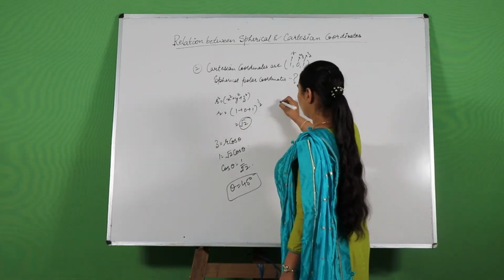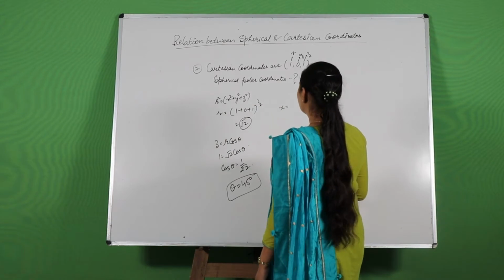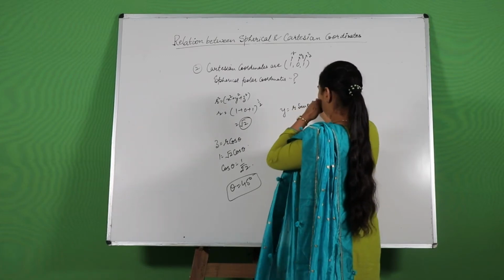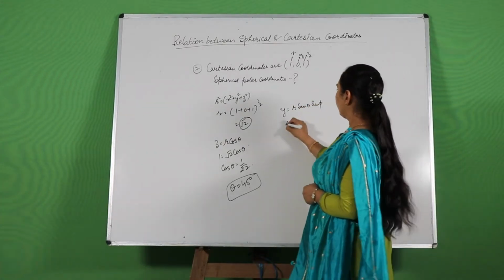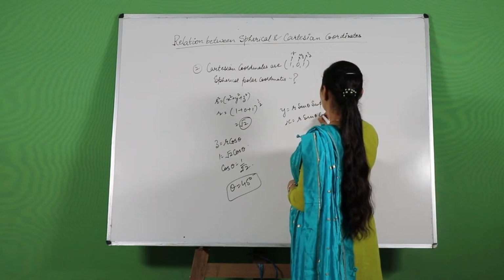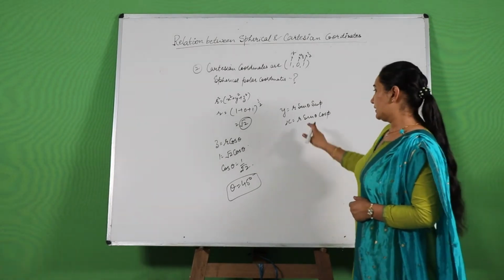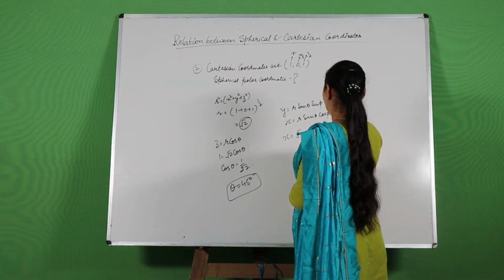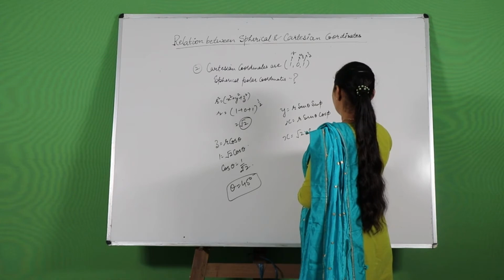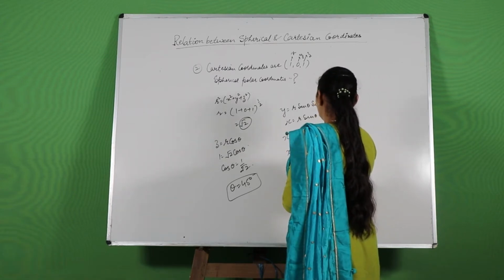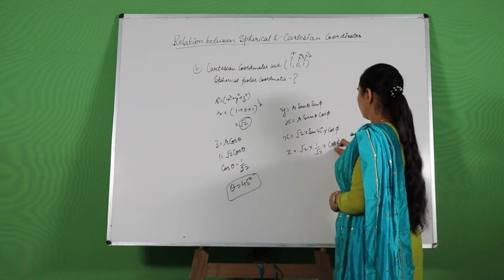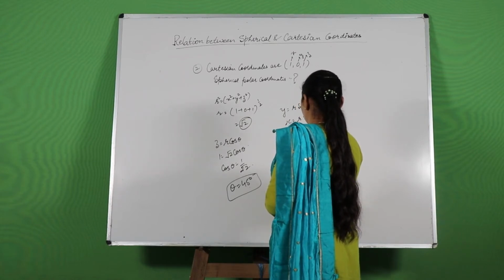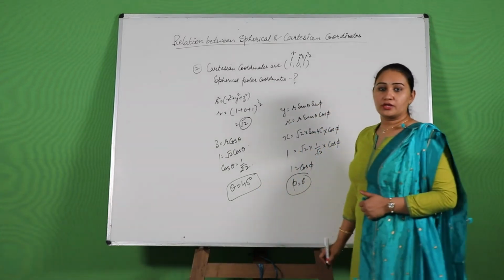Now I have x is equal to r sin theta cos phi, I can put the value x is equal to under root 2 into sin 45 degree into cos phi, x is equal to under root 2 into 1 by under root 2 into cos phi, and here my x is also 1, so 1 is equal to cos phi and phi is my 0 degree.